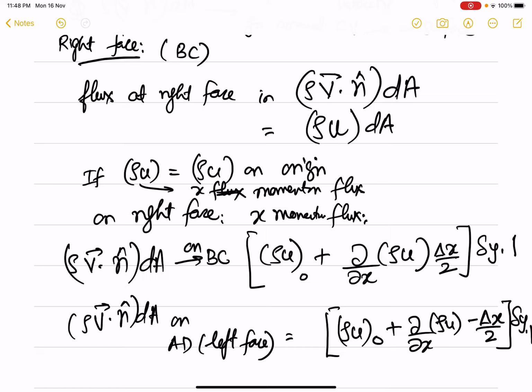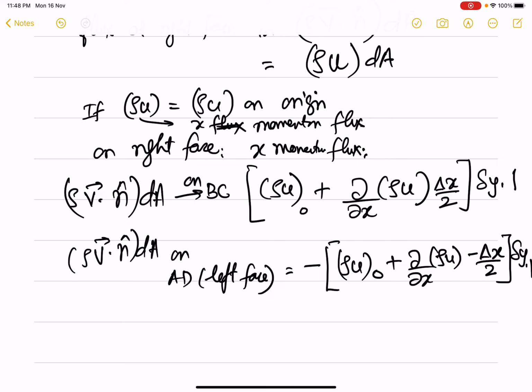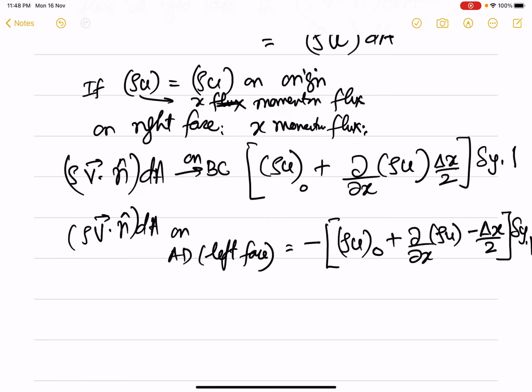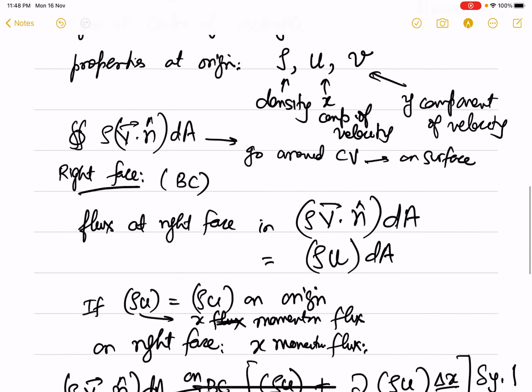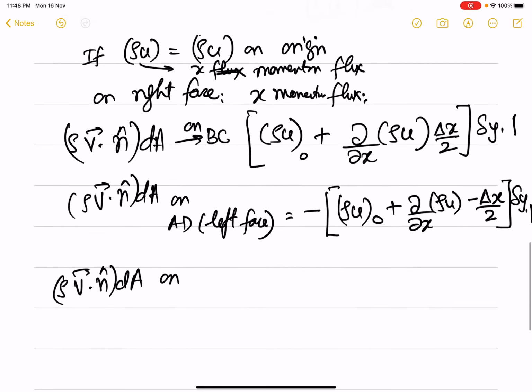And this v dot n, because u is positive and the flow is coming in, will be with a minus sign. Similarly, rho v dot n dA on the top face AB.